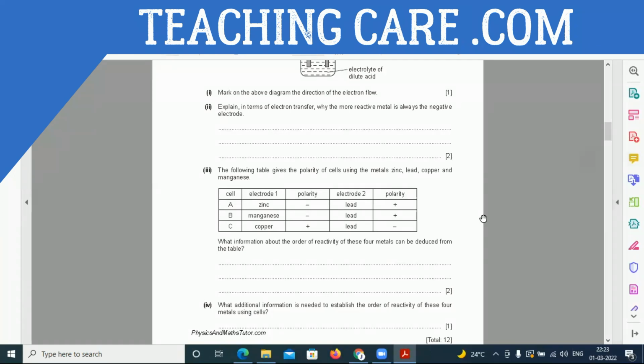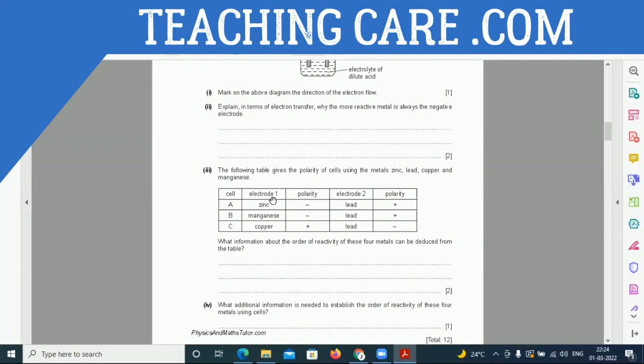The following given table shows polarities of a cell using metals, zinc. Lead is here, see, electrode. But why are there 3 leads? Because the negative electrode 2 has lead.